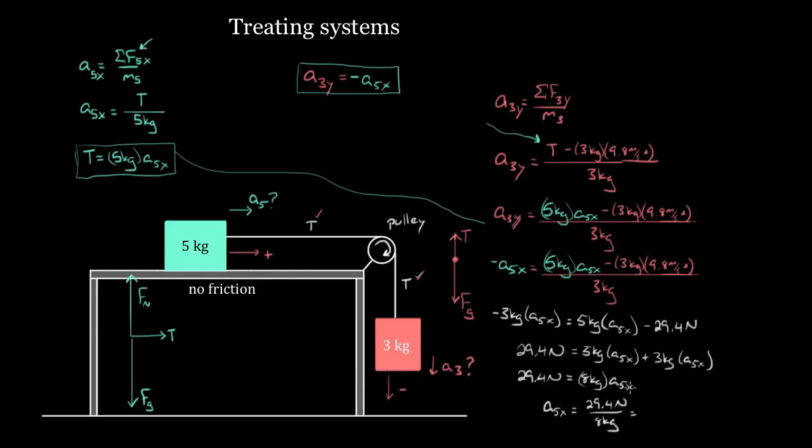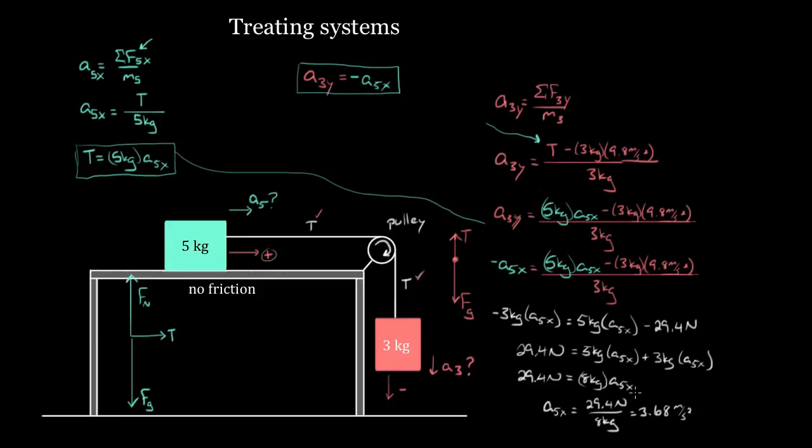And if I put that into my calculator, 29.4 divided by 8, I get 3.675. So we'll just round and say that's 3.68, and it's positive. That's good. We should get a positive because the 5 kilogram mass has a positive acceleration. So we get positive 3.68 meters per second squared.